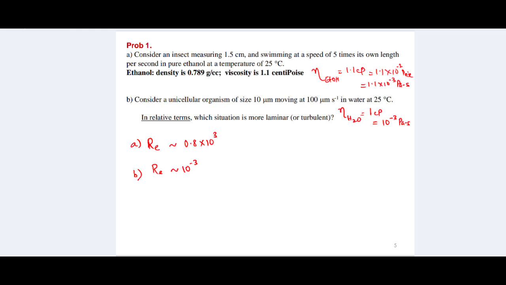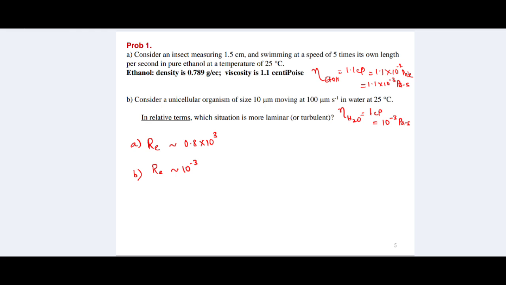Okay, so whenever you have this little microorganism, for you, water is turbulent. When you go swim, obviously it's turbulent, but for a microorganism, it is actually a very laminar flow. So what are the consequences of that? That is something that we can think about.